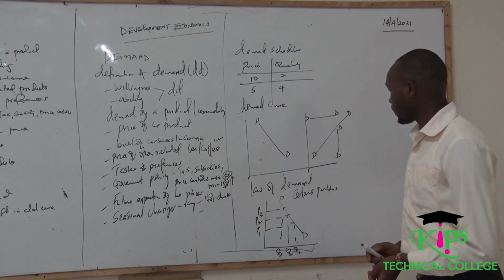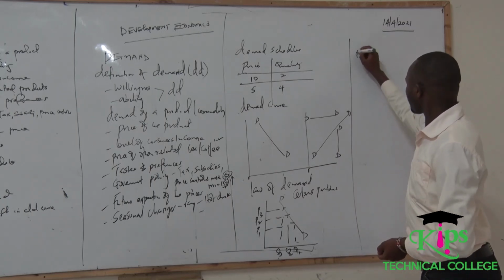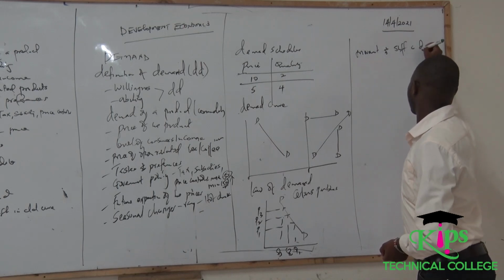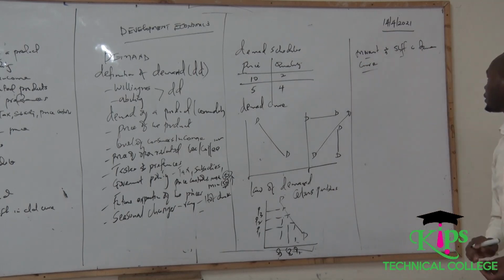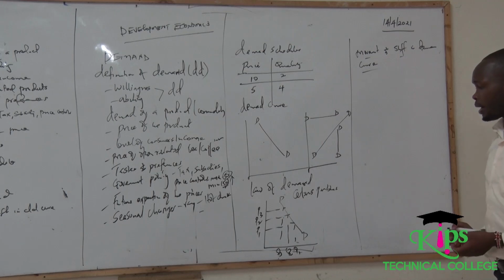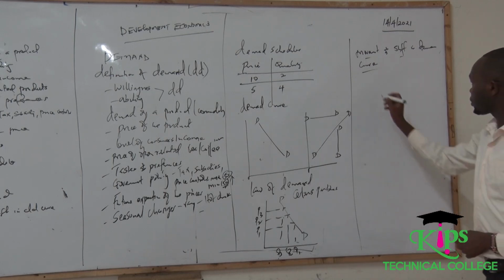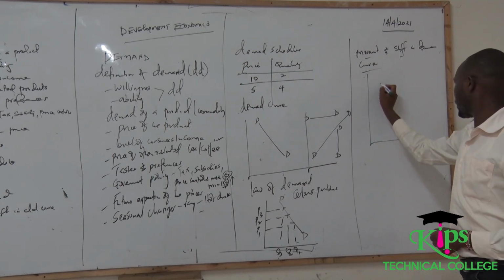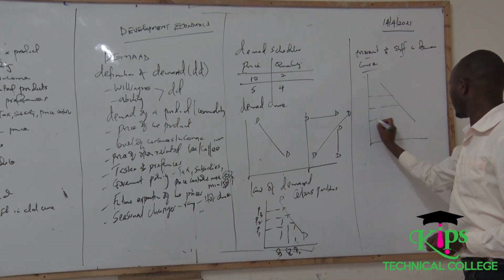Then we also have the last part, being the movement and shift in the demand curve. For us to have a shift and a movement, there are two things happening. For the movement, the price and the quantity are not remaining constant, and it is still following the law of demand.